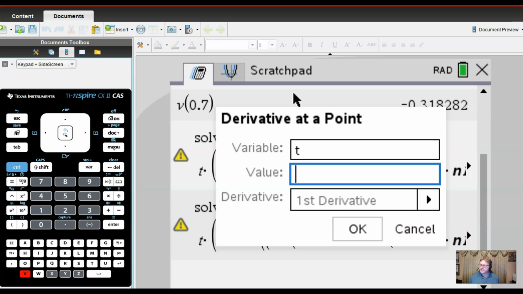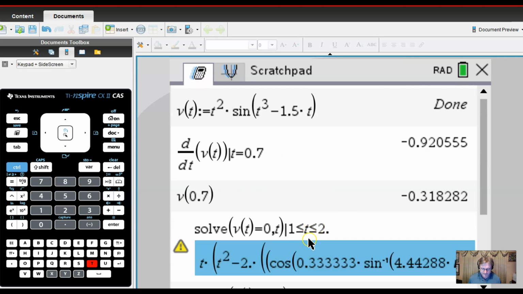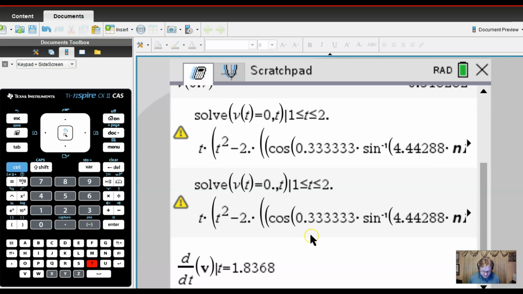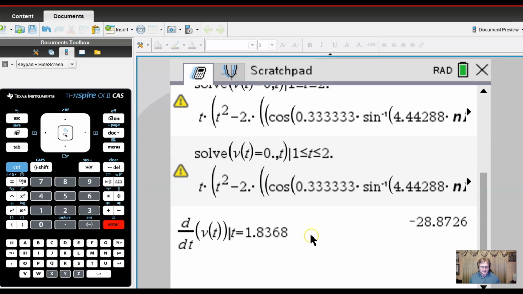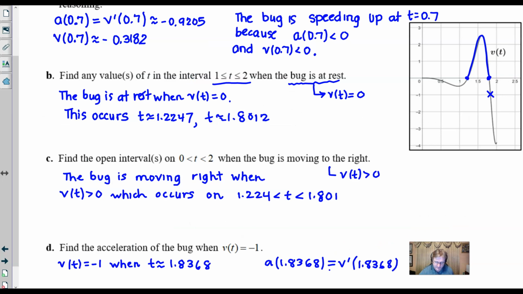My value is that 1.8368, and I'm going to compute the first derivative, and my function was v of t. And I think I scrolled up a little bit there. There I go. Now I'm ready, and if I hit enter, that's going to be my answer right there, the -28.8726. I might just write that down here. And that would be your acceleration at that time.